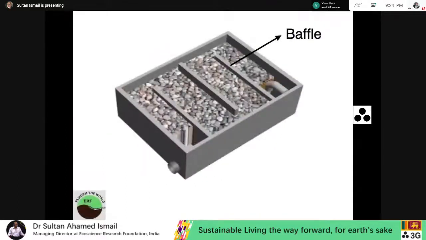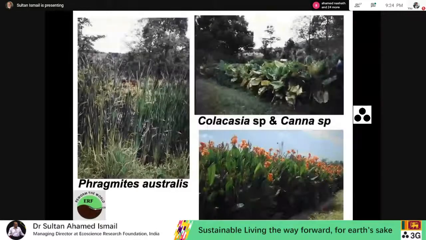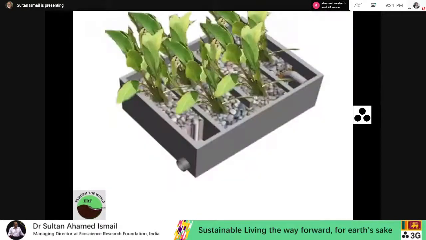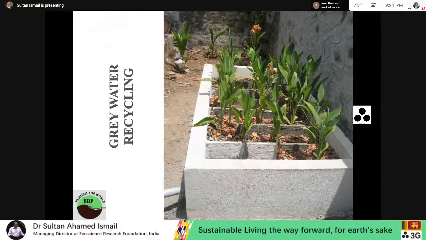So put up a tank, have some baffles, put in some rocks, grow these plants, and send your soap water through that.